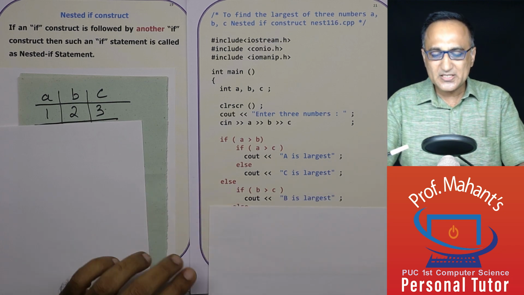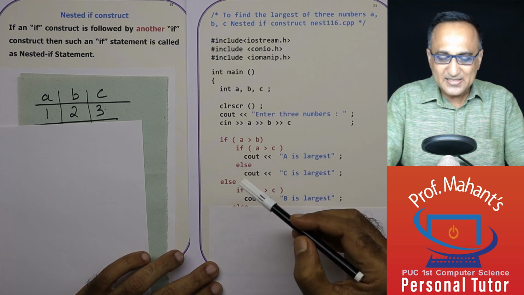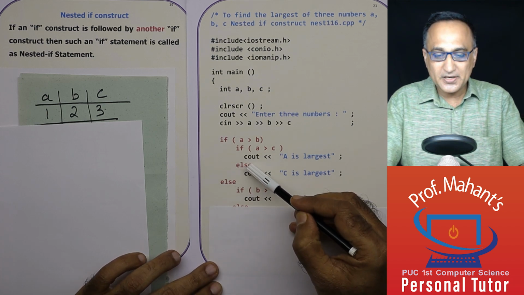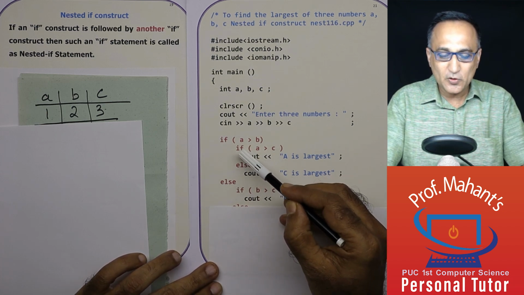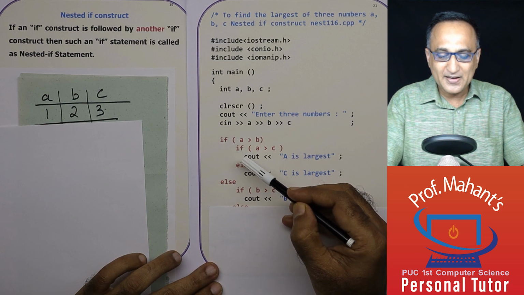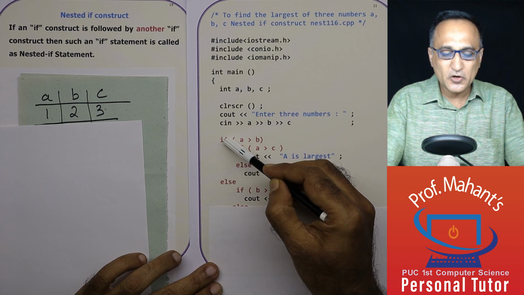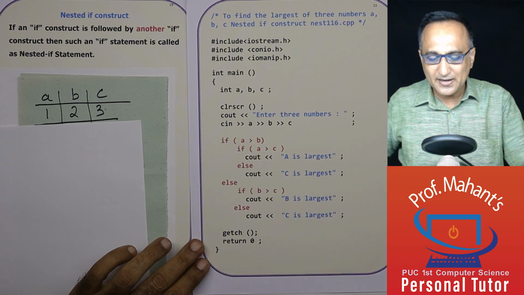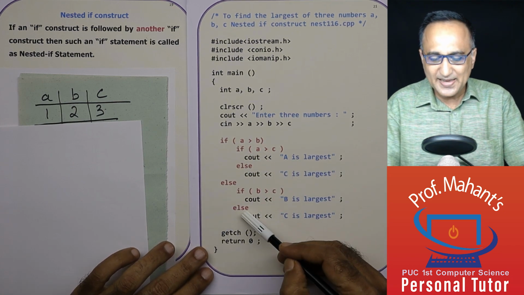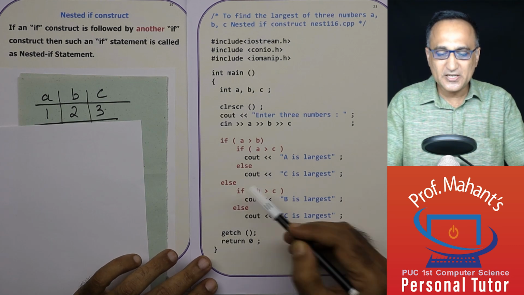Now you need to understand, before I explain, this else is associated with the closest if. Which is the closest if? It is this fellow. Since this if and this else are joined, similarly this else is joined with the closest if.